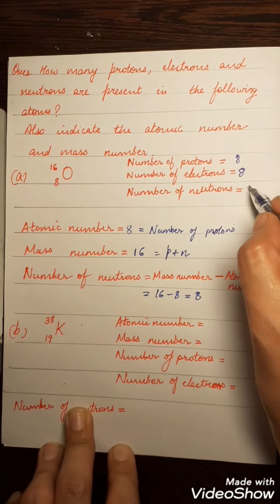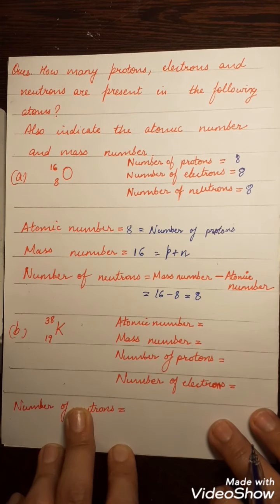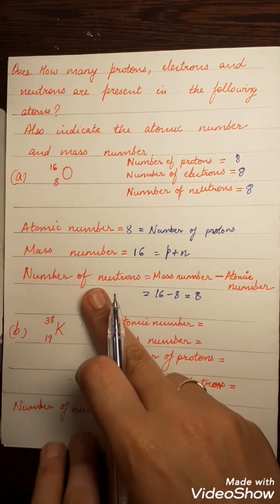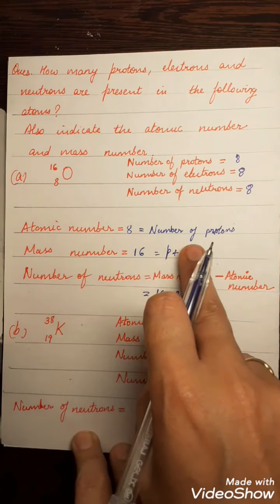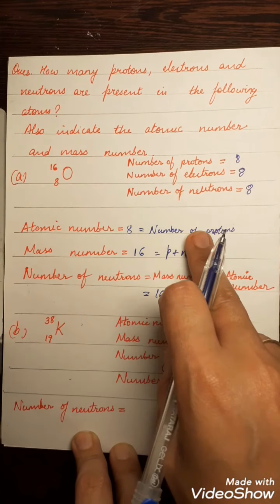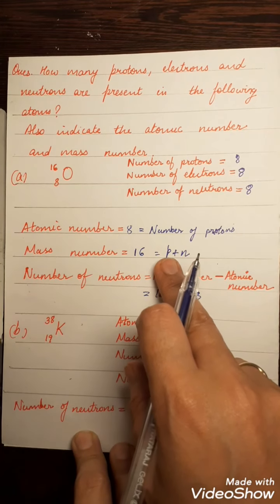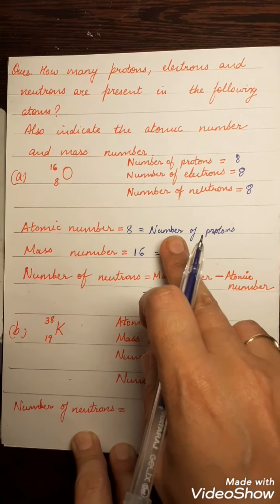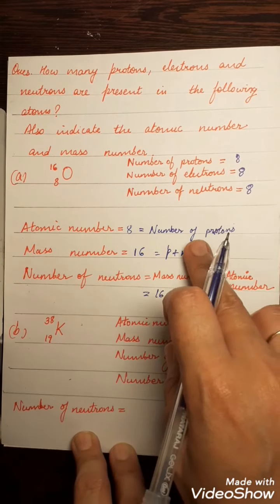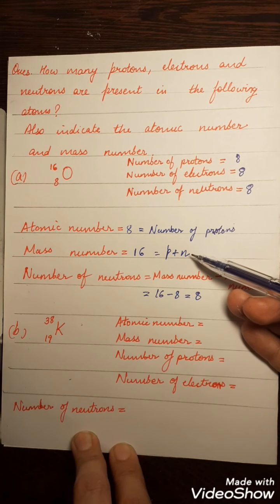So number of neutrons will also come 8. Okay children? So number of neutrons is equal to mass number minus the number of the protons, because mass number is sum of protons and neutrons. If you subtract the number of the protons from it, what you are going to get? You are going to get the neutrons.